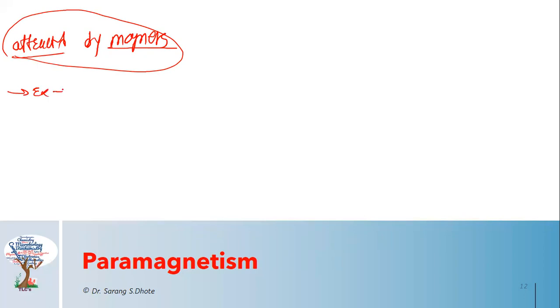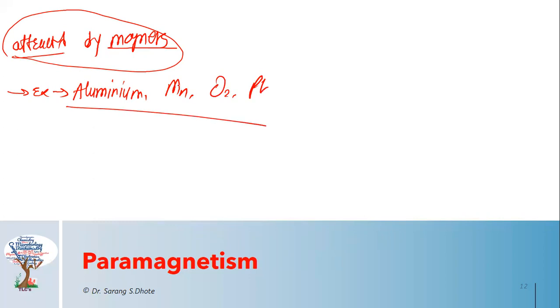For example, manganese, oxygen, and platinum show the paramagnetic character.